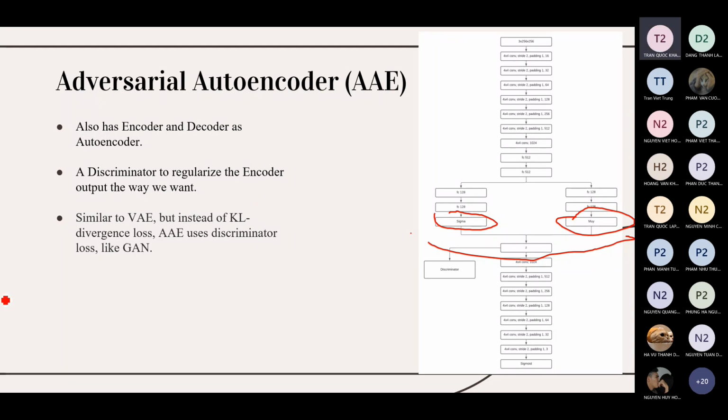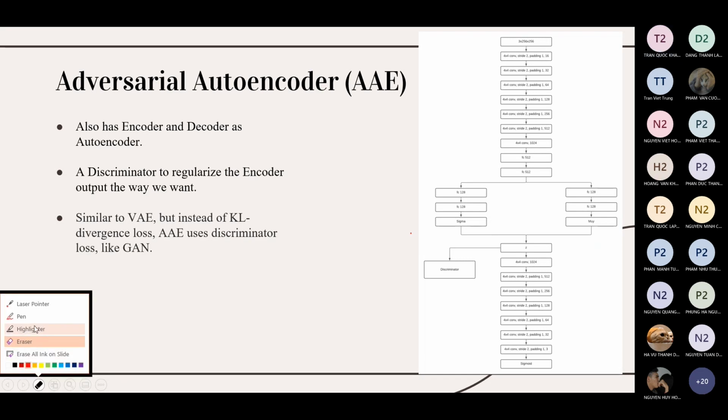For the training of our model, we have 3 phases. The first one is the reconstruction phase, which is similar to the autoencoder. The second one is to train the discriminator to recognize the real latent or the fake latent generated by the encoder.